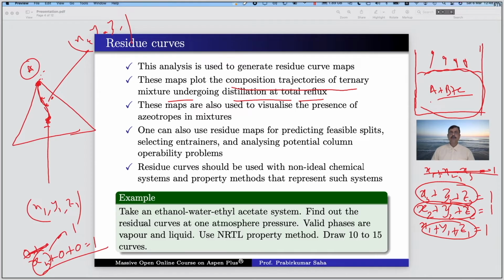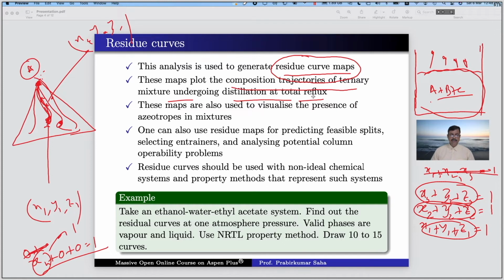That means this is the pure A that will be evaporated at the last. Okay? So this particular trajectory is called the residue line, residue curve. And if we start from different initial points, we will get this curve, this curve, this curve, and so on. So that particular map is called residue curve map.